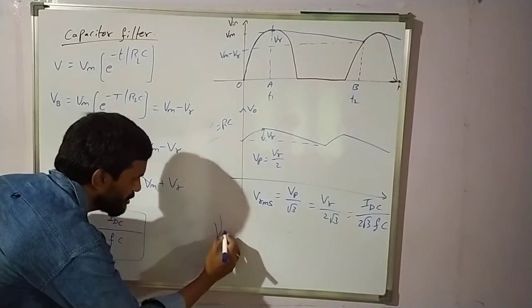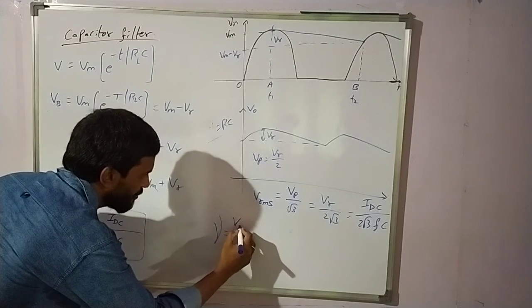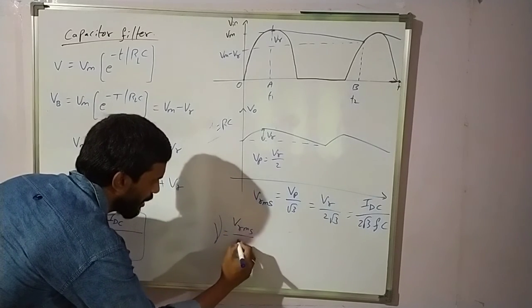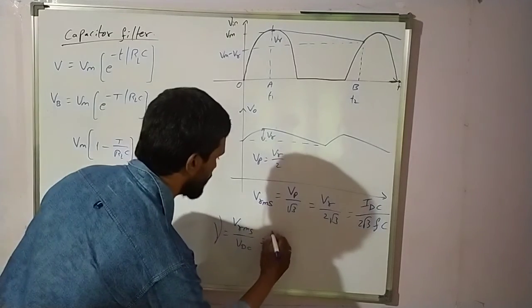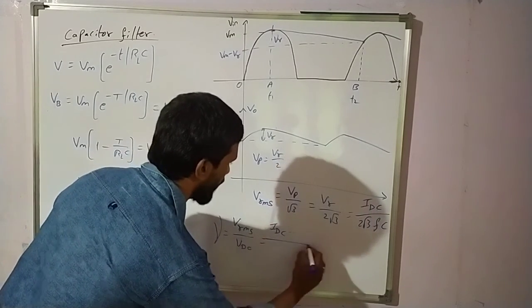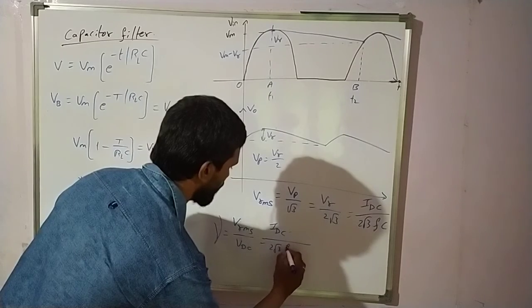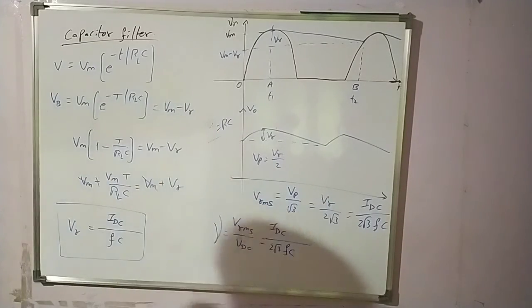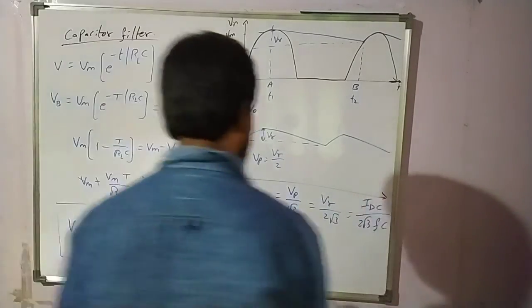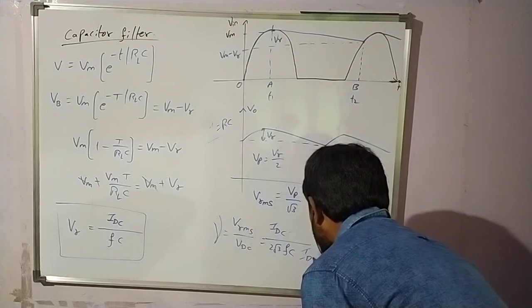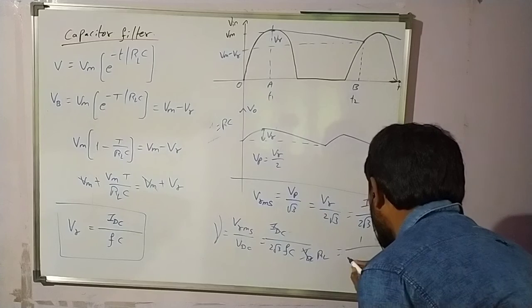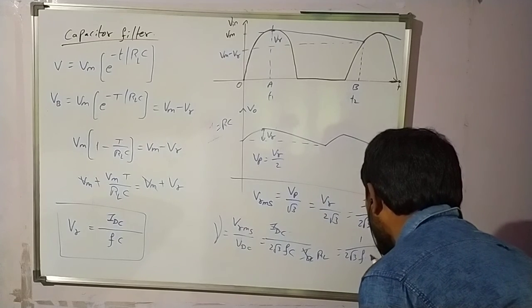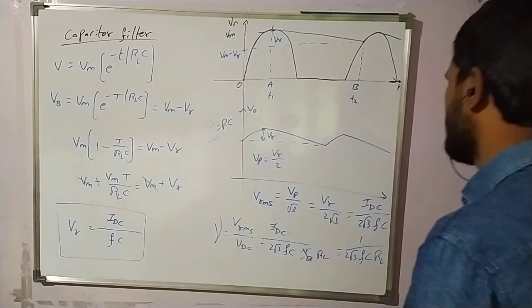So find out the ripple factor. The ripple factor is equal to Vrms by VDC. Vrms is IDC by 2 root 3 FC. VDC is equal to IDC into RL. So IDC cancels, and finally we get 1 by 2 root 3 FC RL.